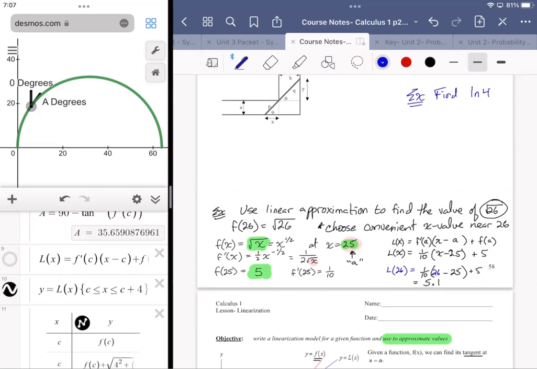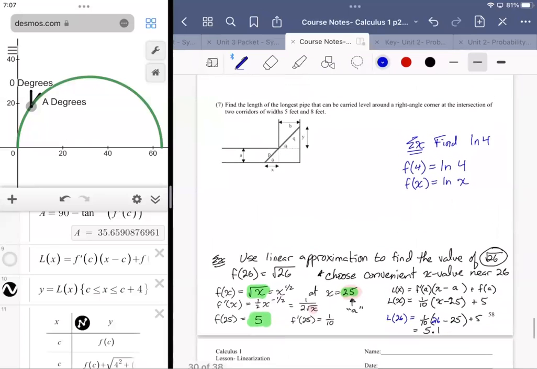If I needed to find the natural log of 4 by approximation, one thing that I could say is that f of 4 is equal to the natural log of 4, where f of x is the natural log of x. So I'm evaluating the function, right?